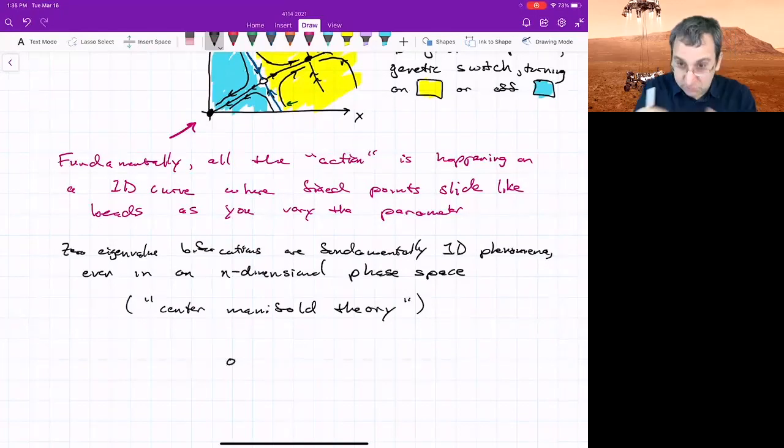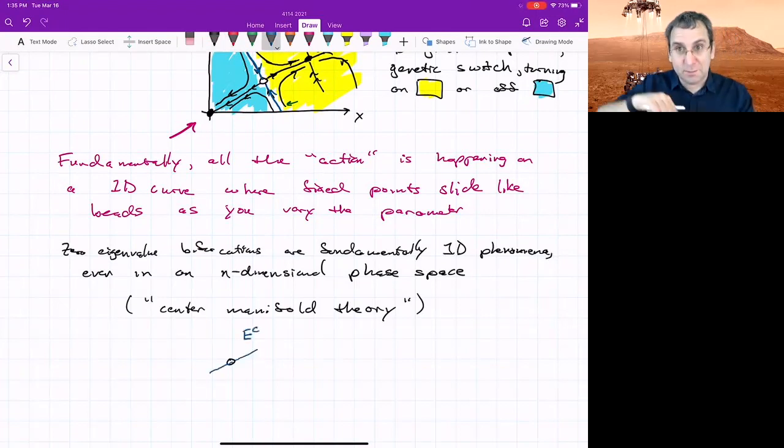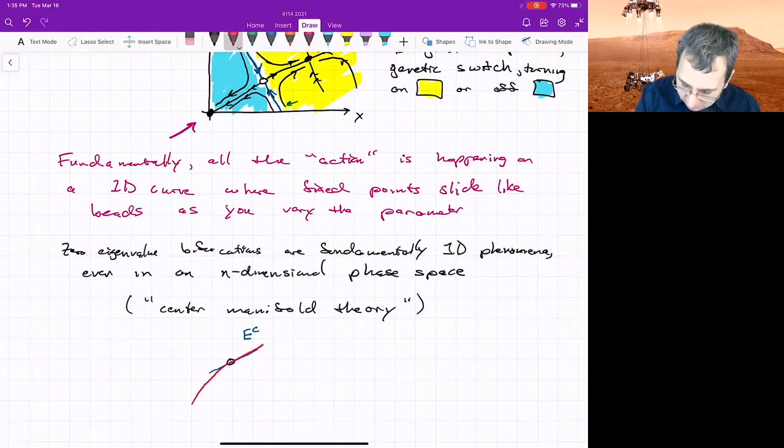So if we have our sort of coalesced fixed point, we've got some local eigendirection, and we sometimes call this E^C for the Euclidean space spanned by it. And it is along some curve, which we write as W^C.